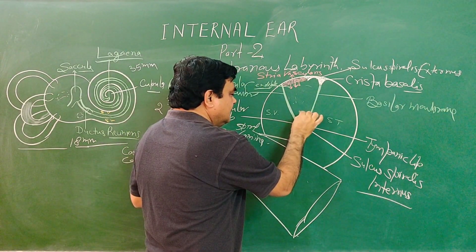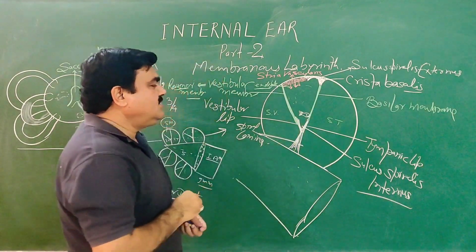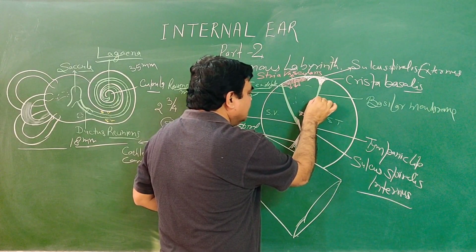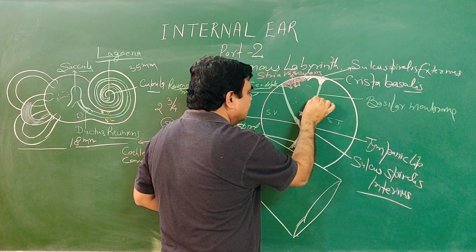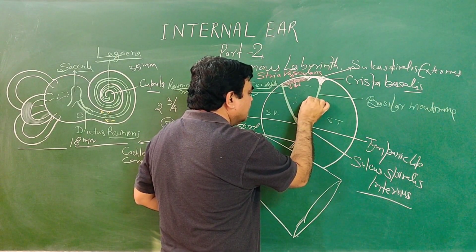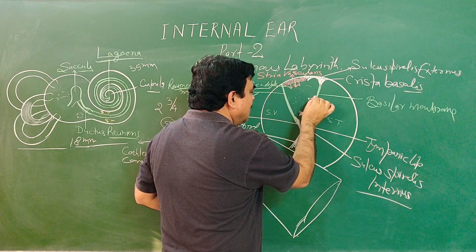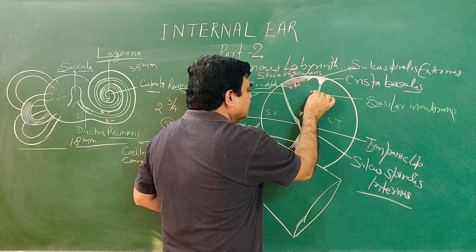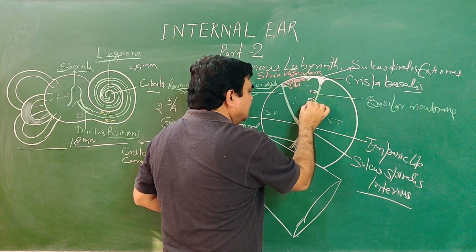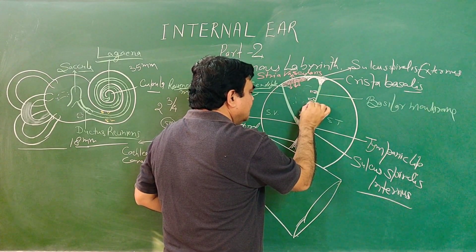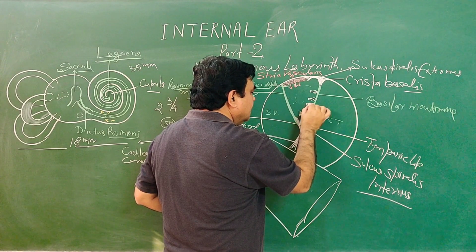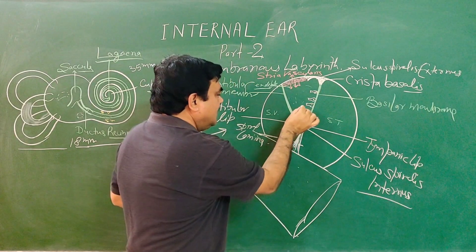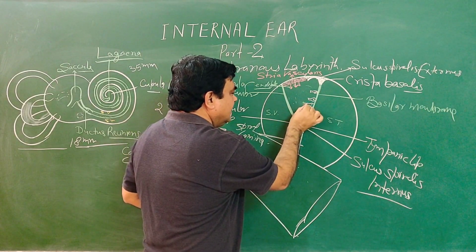and it has stereocilia. This is the inner hair cell, and here lies the outer hair cell.